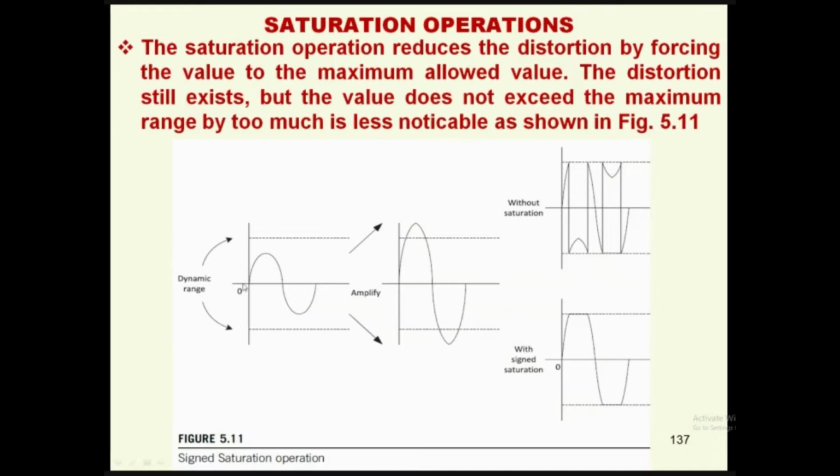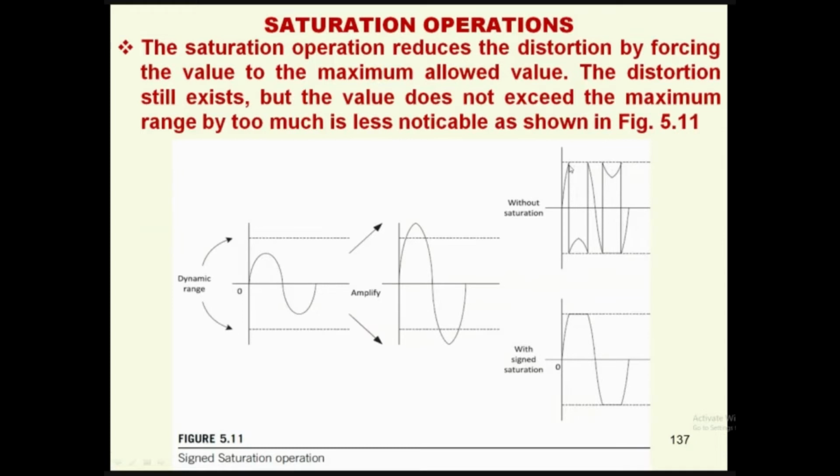So 0 to 7F will be above the 0 level, and 80 to FF will be in the bottom level. So after amplification, the maximum positive number is 7F and the maximum negative number is 80. So when we amplify, if it exceeds 7F, without saturation, what happens?